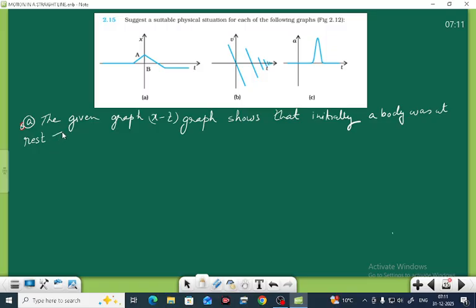Then its velocity increases with time and attains an instantaneous constant value.